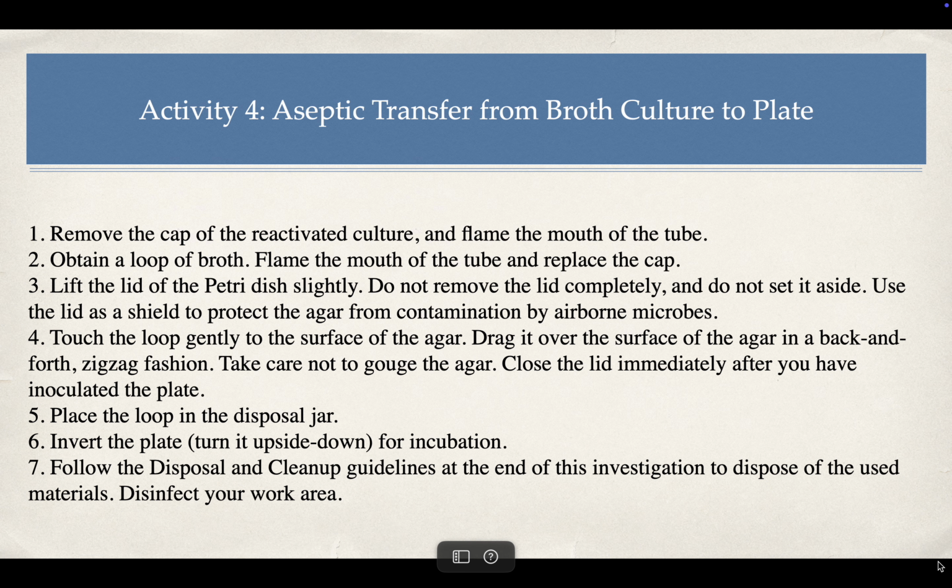Activity number 4 is aseptic transfer from broth culture to plate.